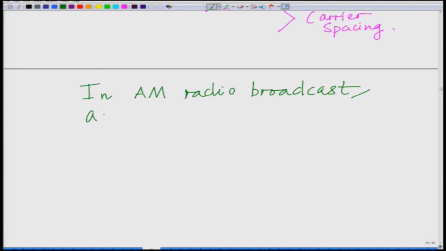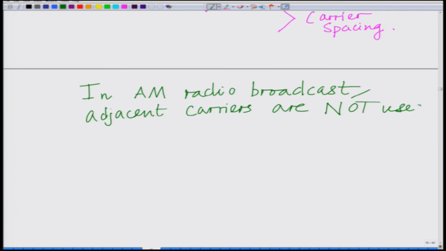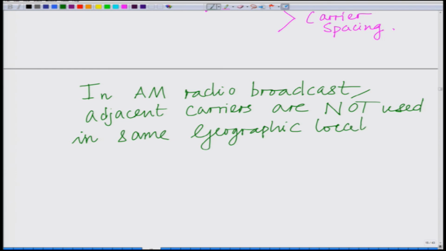In AM radio broadcast, adjacent carriers are not used in the same geographic location. These have to be widely separated.